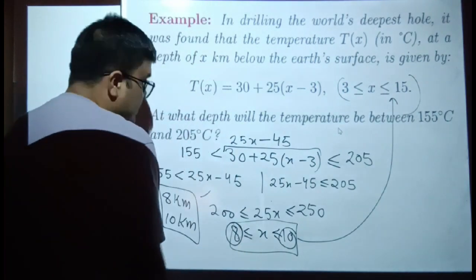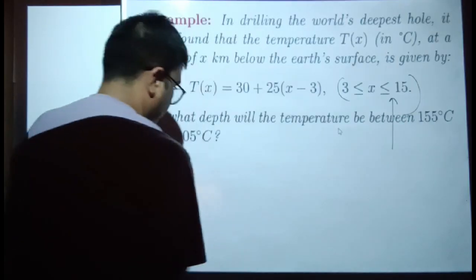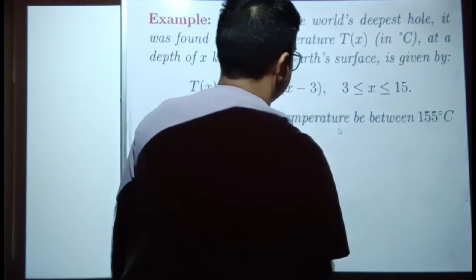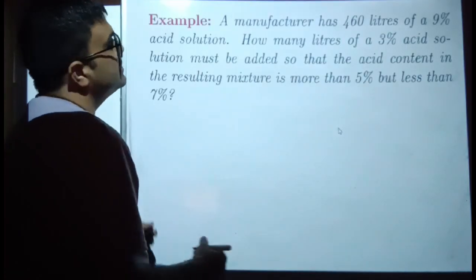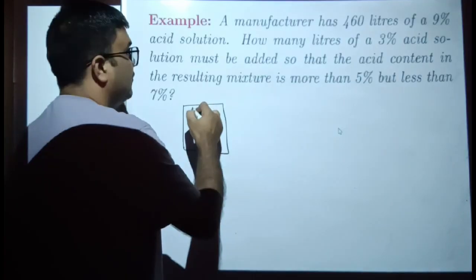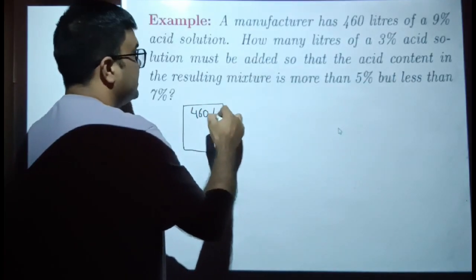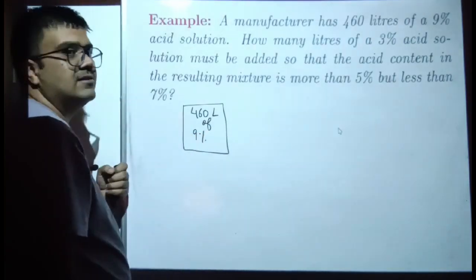Next question we have is, a manufacturer has 460 liters of 9% acid solution.